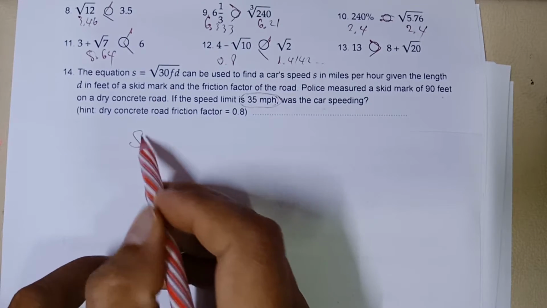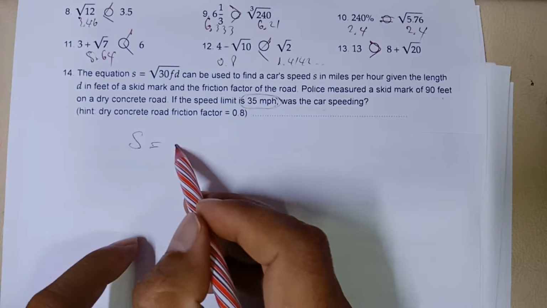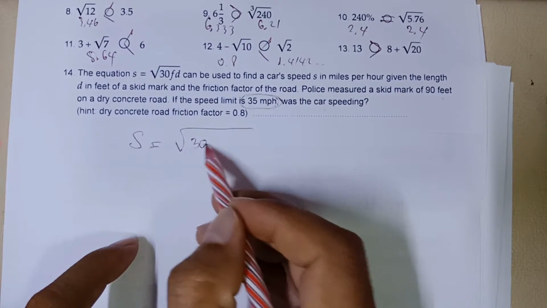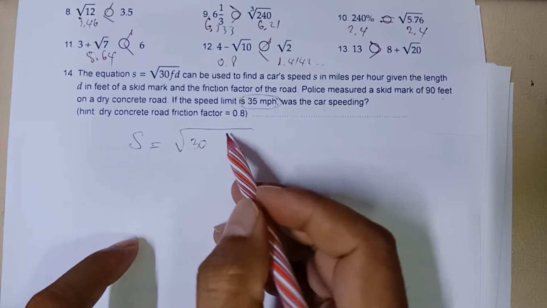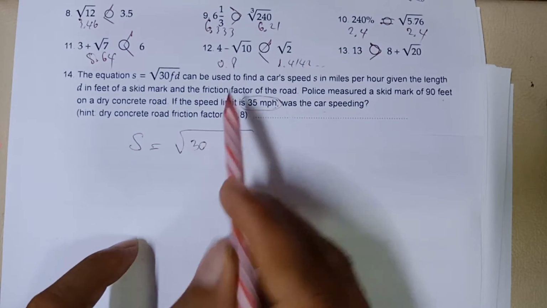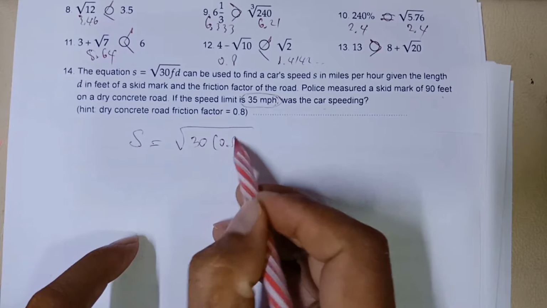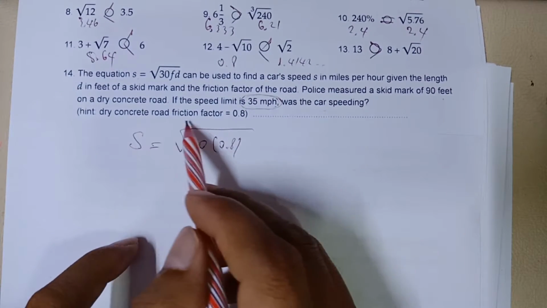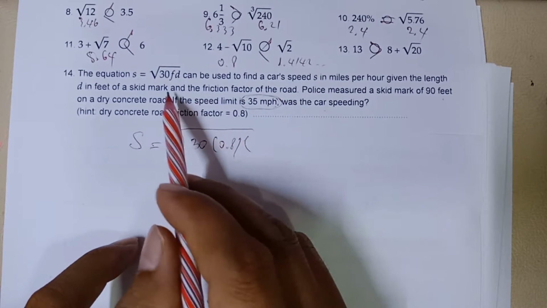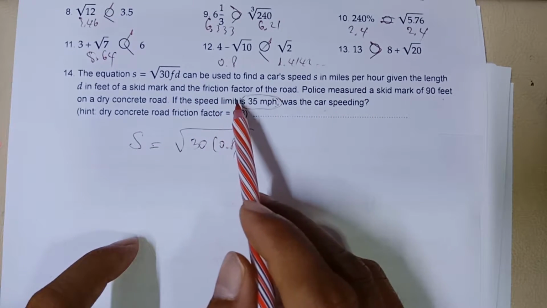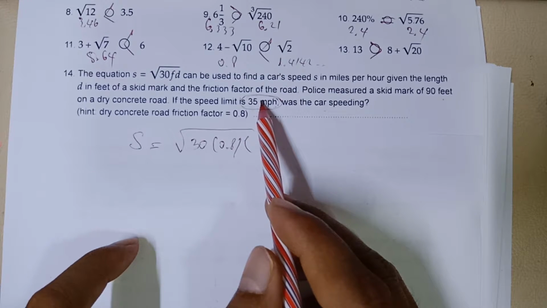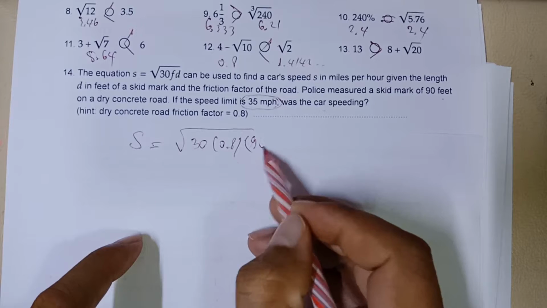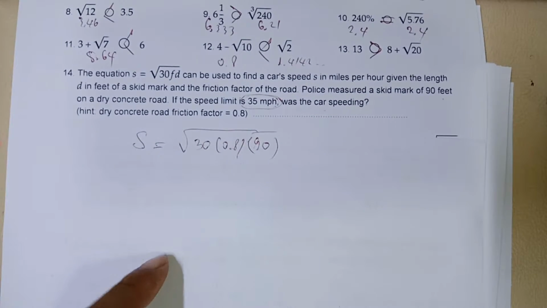So S is the speed of the car in miles per hour, square root of 30 times F, where F is the friction, which is 0.8 for a concrete road or dry concrete road, and then D here is the skid mark. When you apply the brake, it leaves a mark on the road which is 90 feet long before it comes to a complete stop.